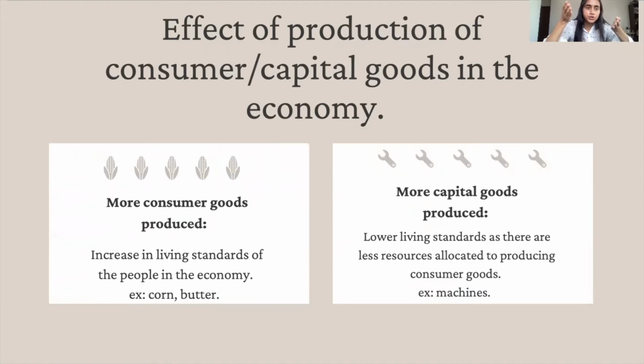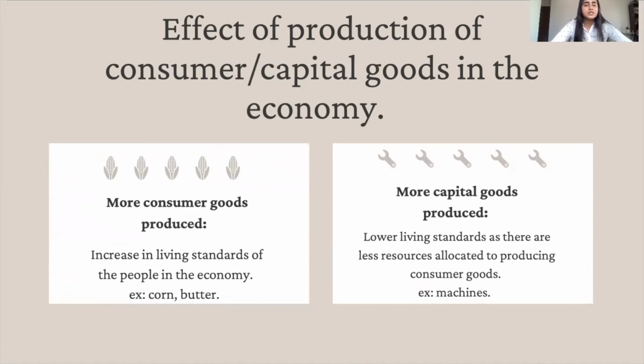When the economy produces more consumer goods, it's basically focusing on the people and it's going to improve the living standards in the economy. But on the other hand, more production of capital goods is really good for the long term.